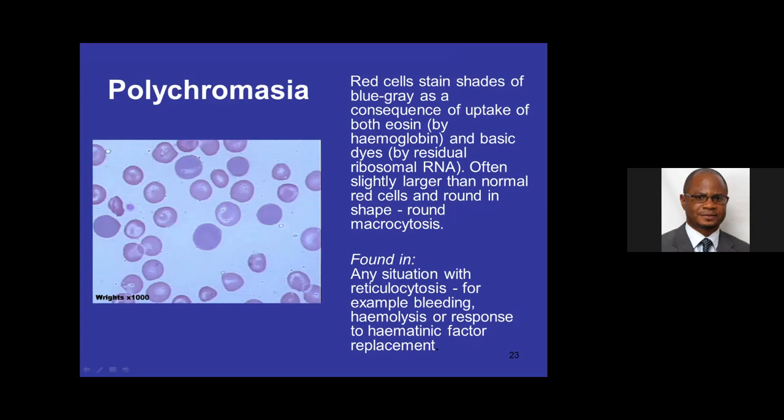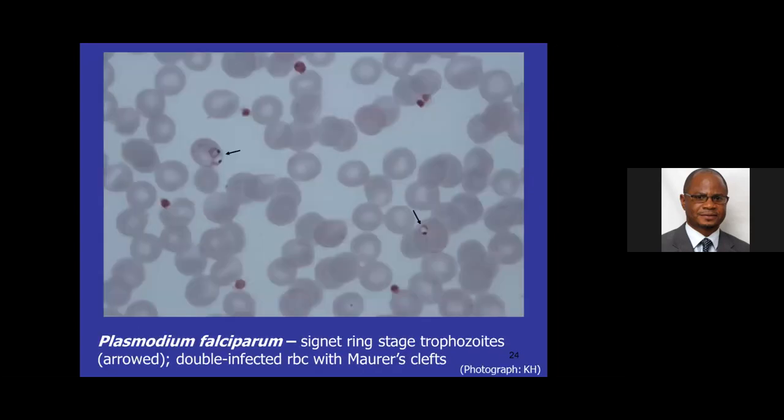But if there aren't enough mature red cells in the bone marrow, the bone marrow will be forced to ship out immature cells to compensate for the demand. And you will see polychromatic cells in there.